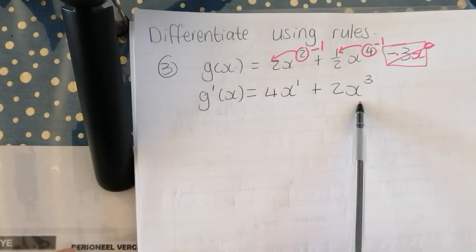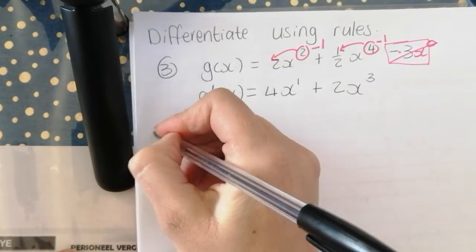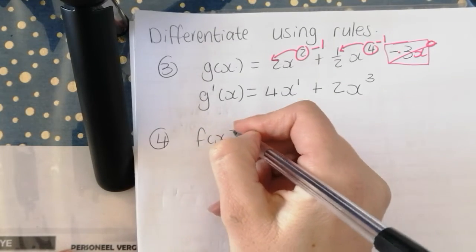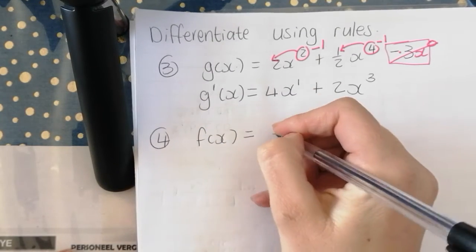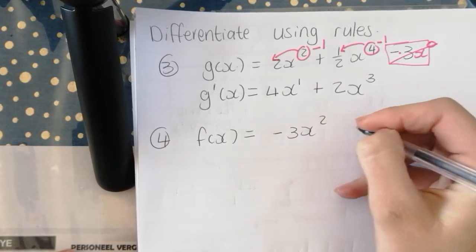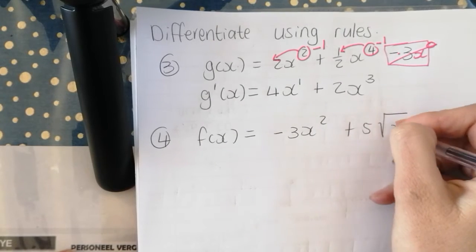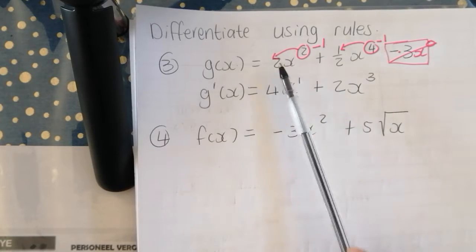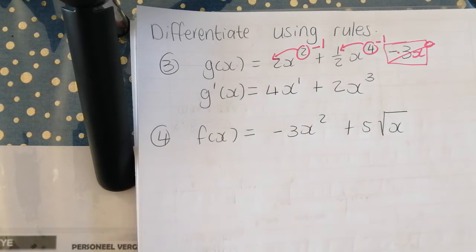If I give you another example here, let's say f of x is equal to negative 3x squared plus 5 square root x. Now what's very important here is that we need to have exponents, as you can see.